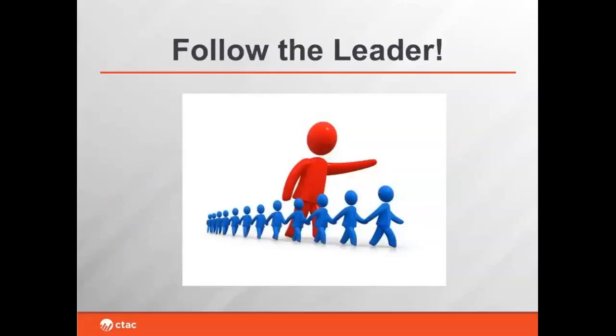So this graphic here, this picture, illustrates the traditional notions we have about leadership. You see the big red leader there, and everyone else is following, and the leader is pointing the way. And that can work. That can work just fine, assuming that the leader knows where they're going, has the destination correct, and that everyone is on board and willing to go along and follow.